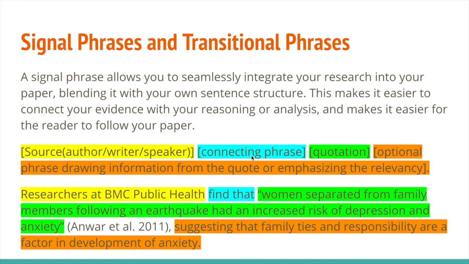But that's going to be just something that seamlessly connects your introduction of the source and your evidence from the source. Then you'll have your quote, and then you can add an optional piece on the end that will draw information out of the quote or emphasize the relevancy to your paper. So this will do the work of connecting it back to your thesis and start the analysis process.